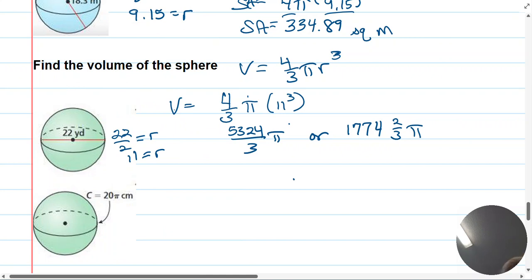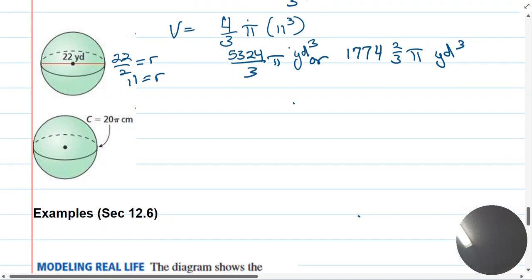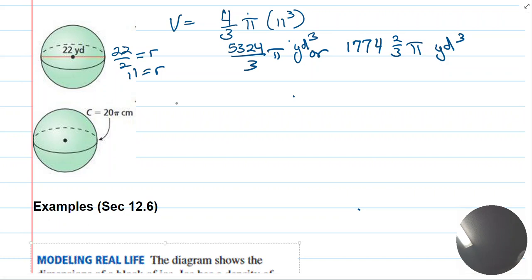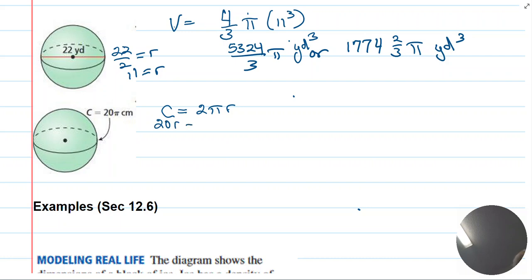Questions on that? Okay. This one has one step that we need to get to prior to working the problem. We're given circumference. Well, we recall that circumference is 2 pi r. Therefore, we're going to have 20 pi equal to 2 pi r. I'm going to divide by the 2 pi, and I get 10 is r.